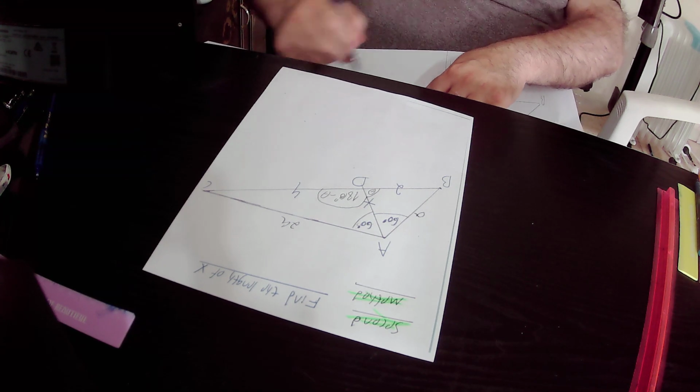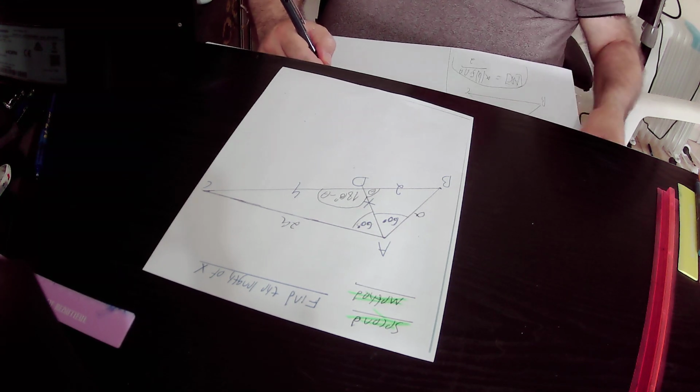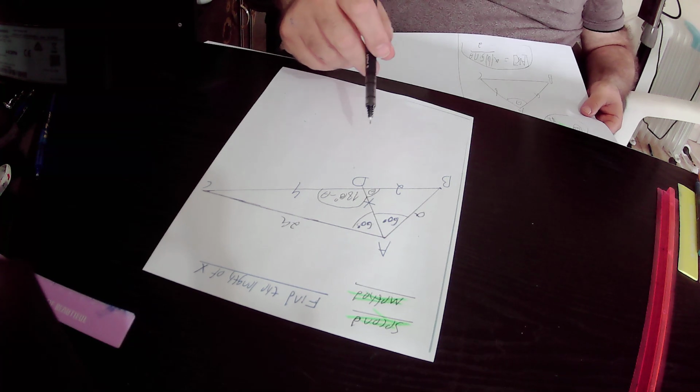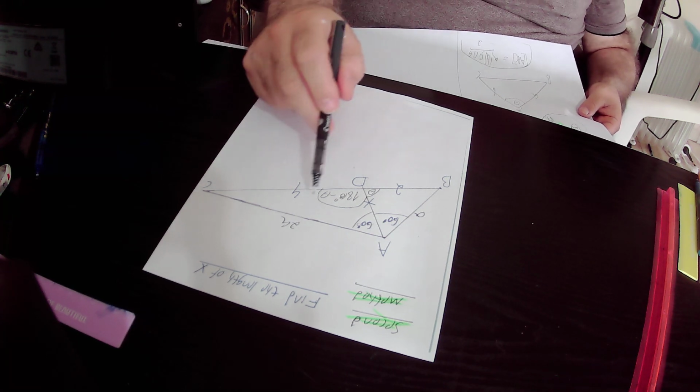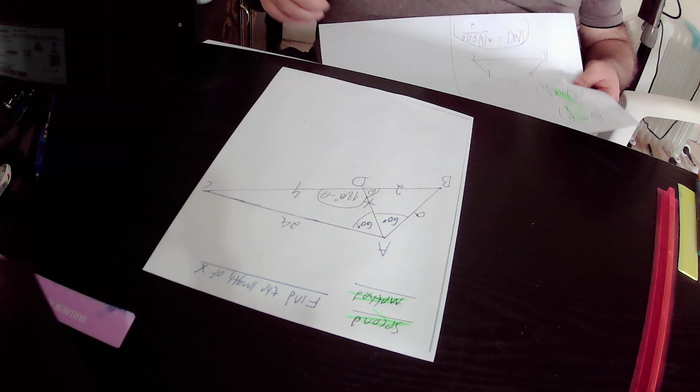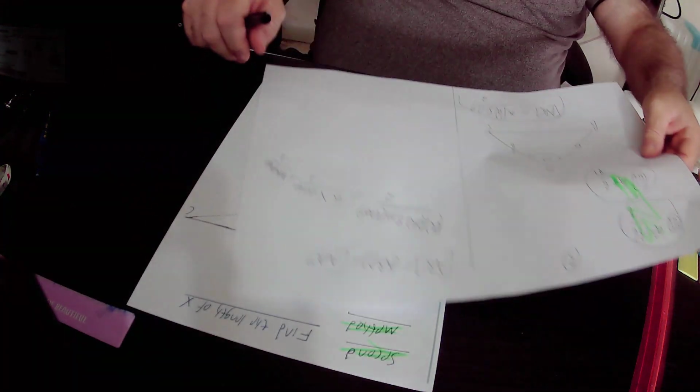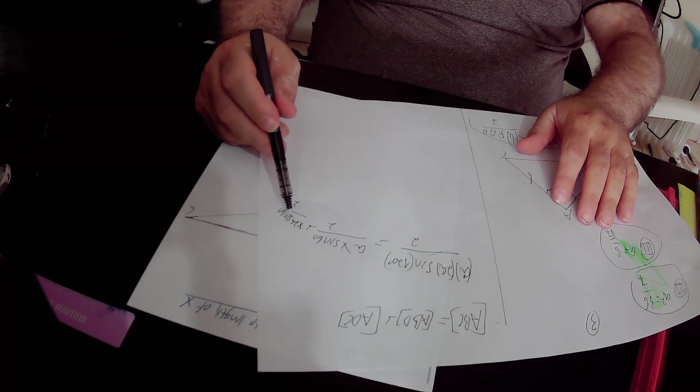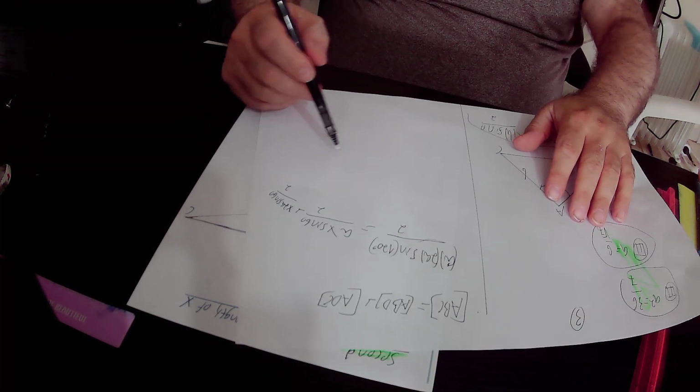The area of triangle ADC equals x times 2a times sine 60 degrees over 2.